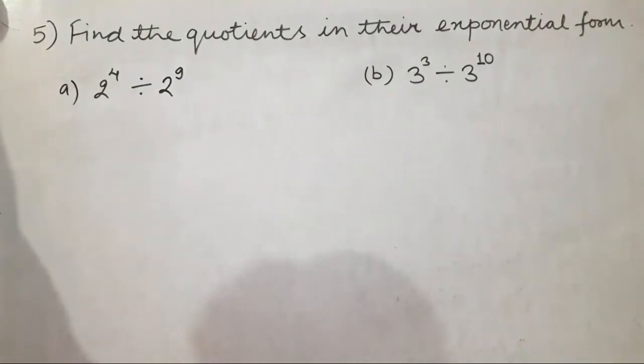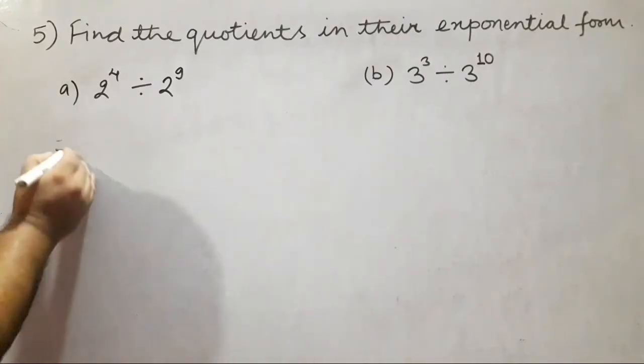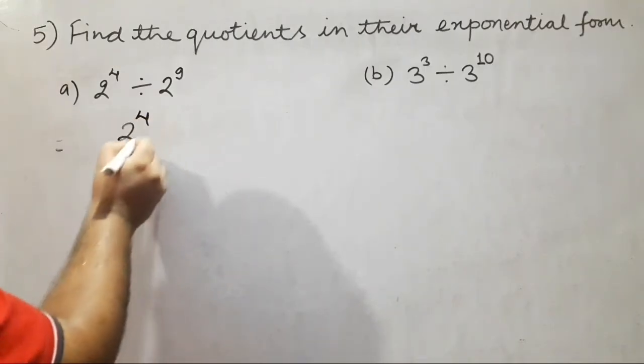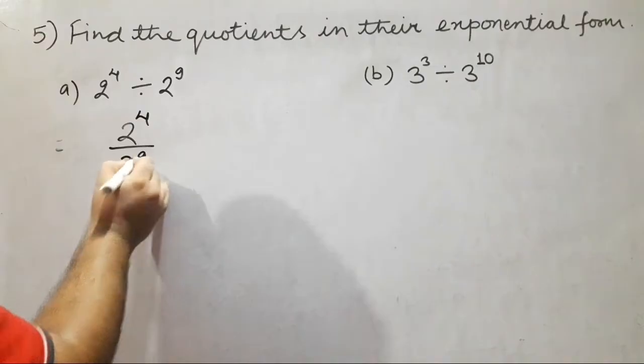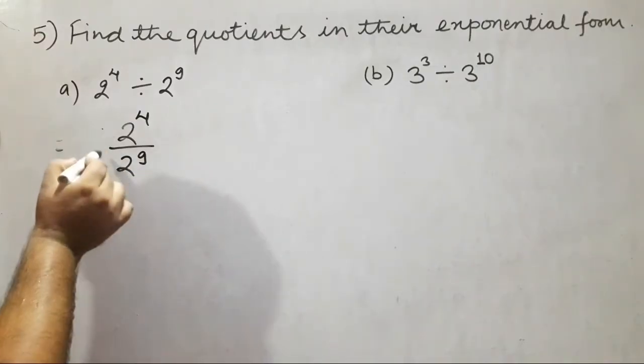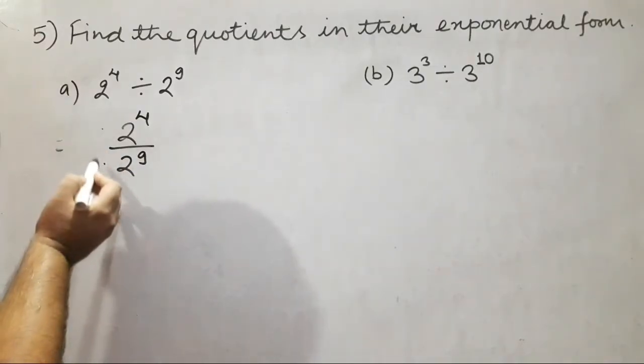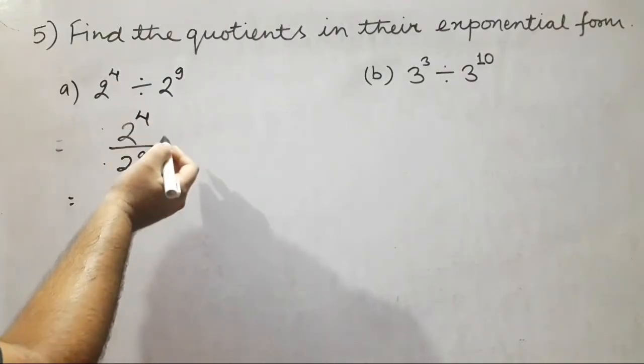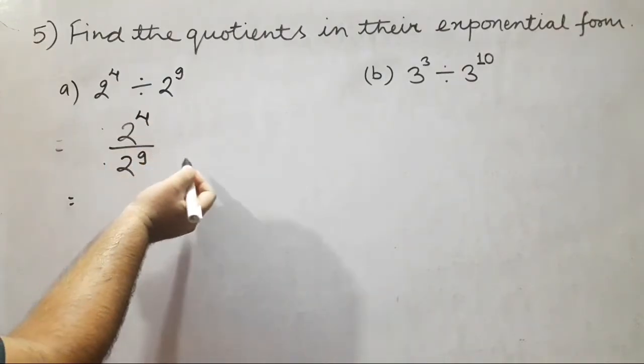Question number 5. Find the quotients in their exponential form. This is similar to question number 4. Let's see. 2 power 4 divided by 2 power 9. It can be written as 2 power 4 by 2 power 9. Same bases, and when same bases are divided, the power is subtracted. That is, the smaller power shall be subtracted from the greater power.